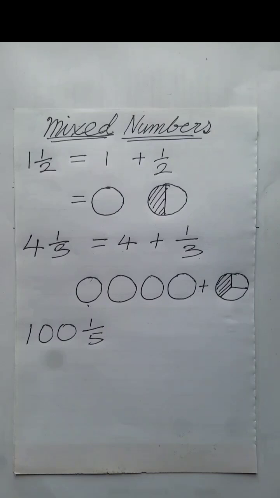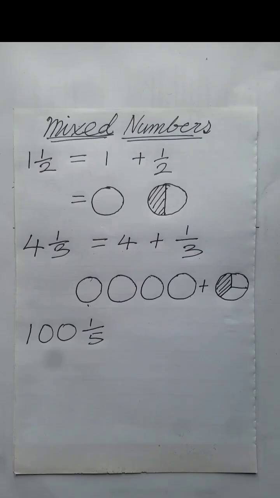For this video, we'll be focusing our attention on converting mixed numbers to improper fraction. So let's find out, what is an improper fraction? An improper fraction is a fraction whose numerator is greater than the denominator. What do I mean?